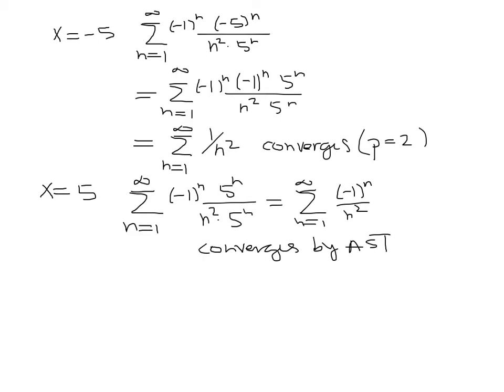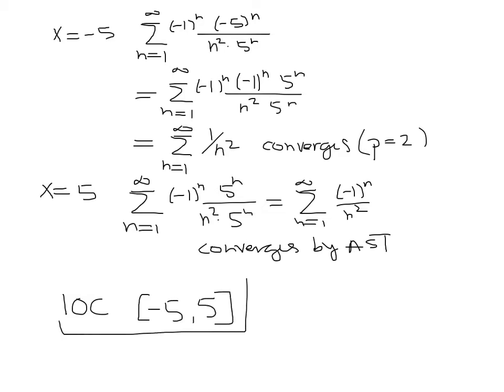Or you could show that that series, if you take the absolute value, you get 1 over n squared, so therefore this is absolutely convergent and therefore convergent. Anyhow, the interval of convergence is actually -5 to 5, including both endpoints.